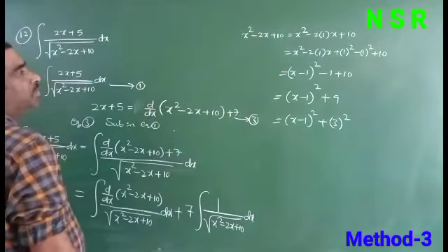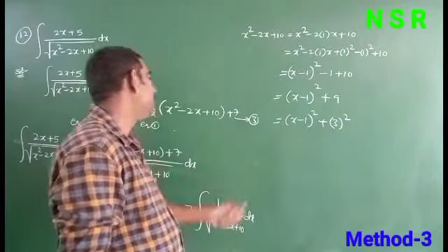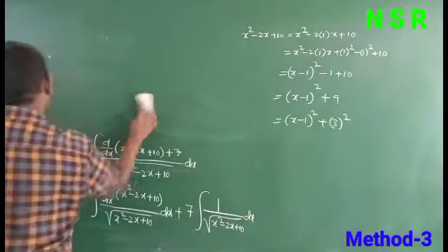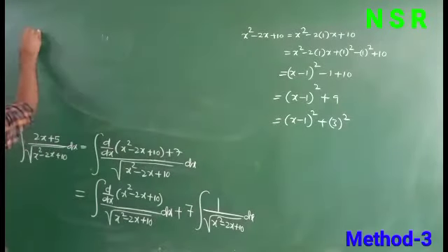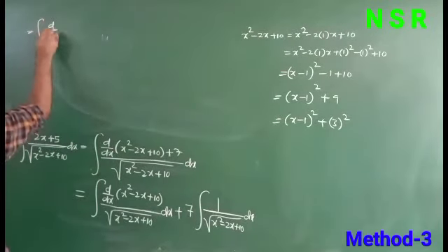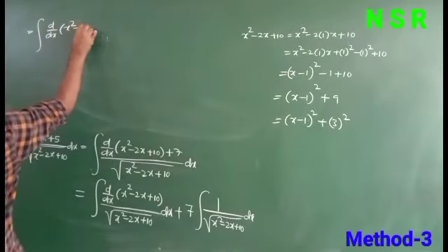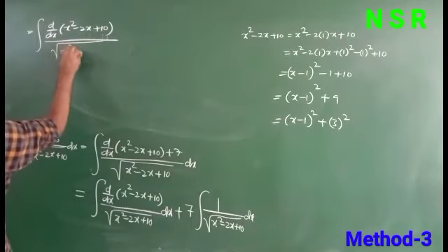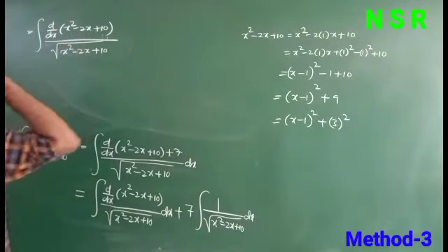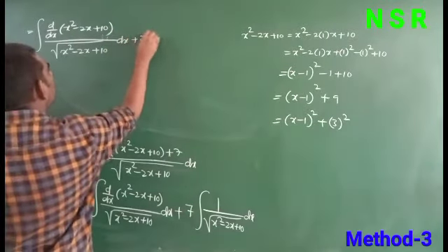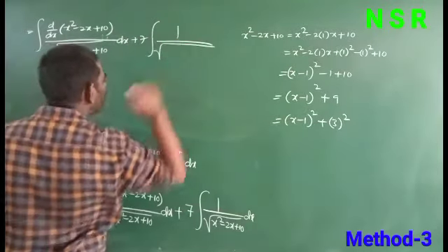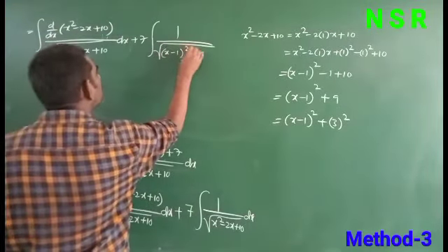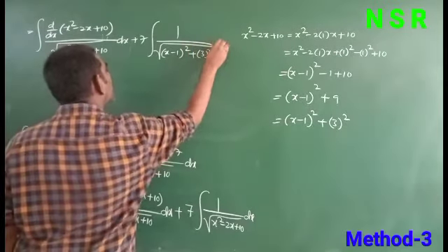Now we substitute this value in place of x square minus 2x plus 10, so we get integration of d by dx of (x square minus 2x plus 10) by square root of (x square minus 2x plus 10) into dx, plus 7 into integration of 1 by square root of ((x minus 1) whole square plus 3 square) into dx.